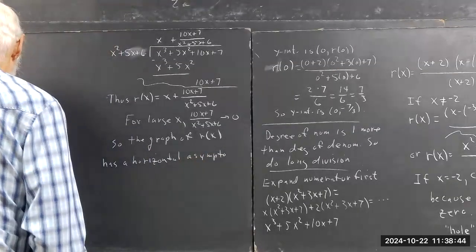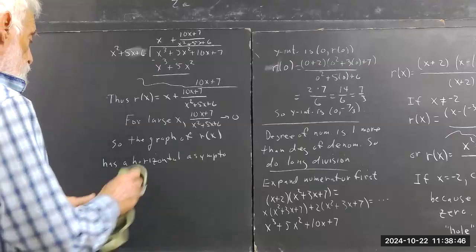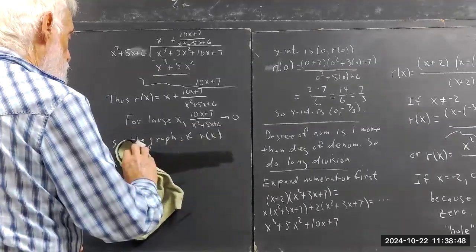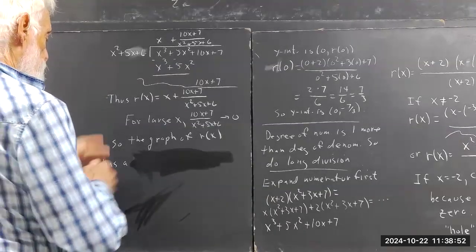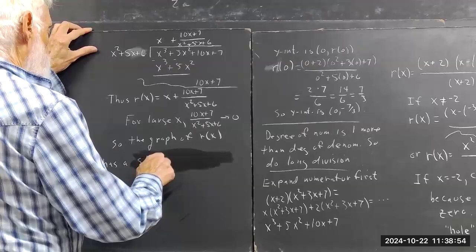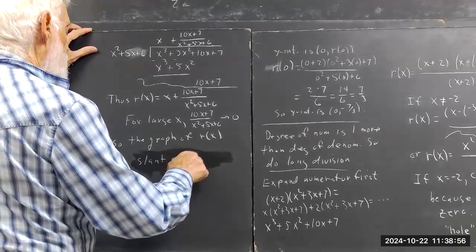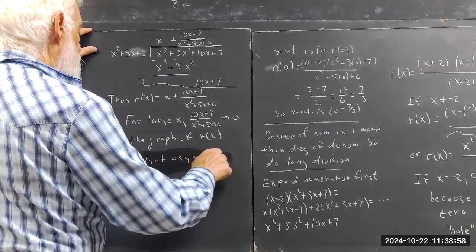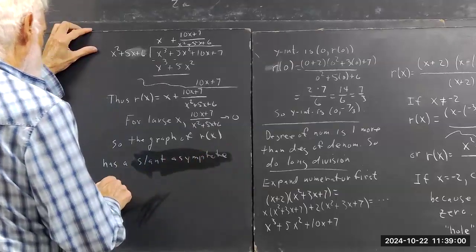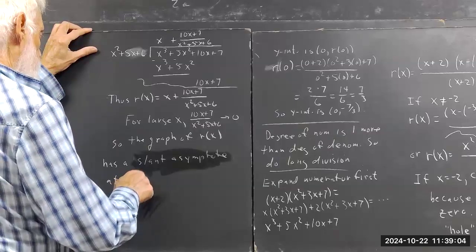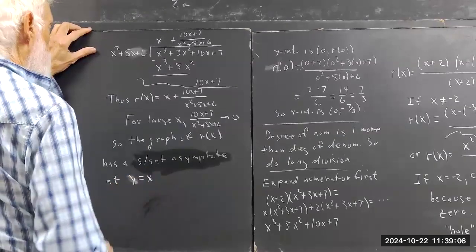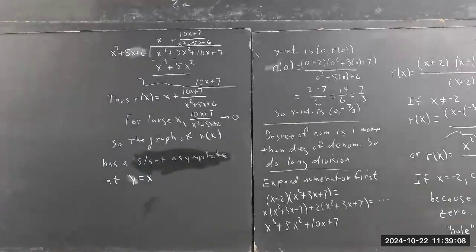Now the horizontal asymptote, writing words down without thinking, we call it slant asymptote, at y equals x.